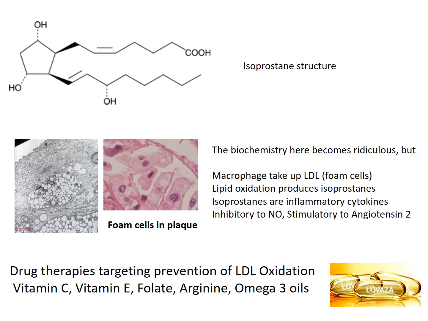So vitamin C, vitamin E, folate, arginine, omega-3 fish oils, these have all shown some benefit in inhibiting that lipid oxidation. That lipid oxidation plays a role in the plaquing process because lipid oxidation is generating these inflammatory mediators like the isoprostanes, which is further contributing to the plaquing process and vessel damage.